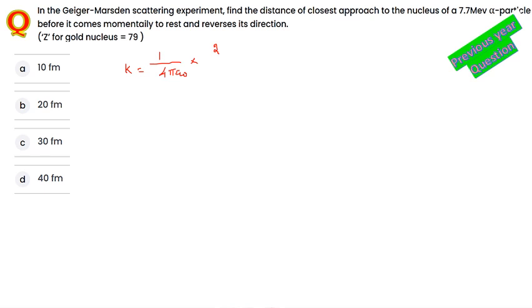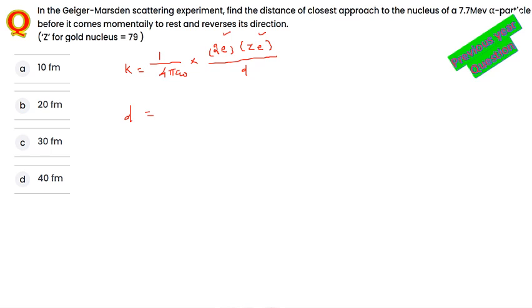Here there are two charges: the alpha particle, which has 2 electron charges, and the gold atom, whose atomic number is the number of electrons, as mentioned for the gold foil. d is the distance between them. This is what we are going to find out here.